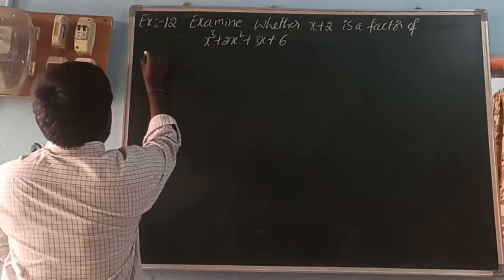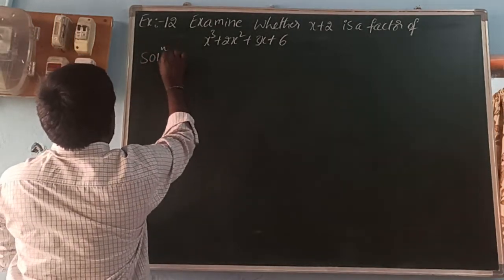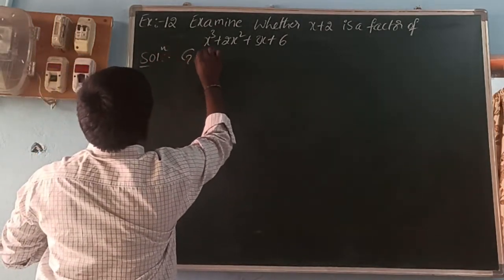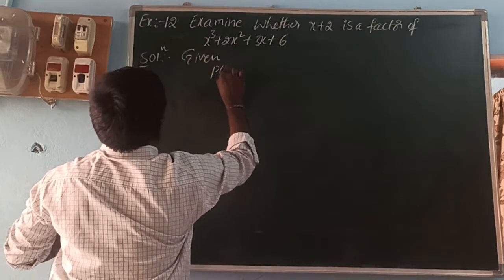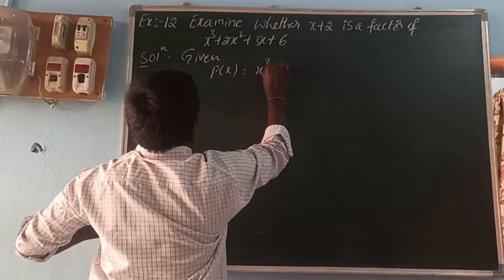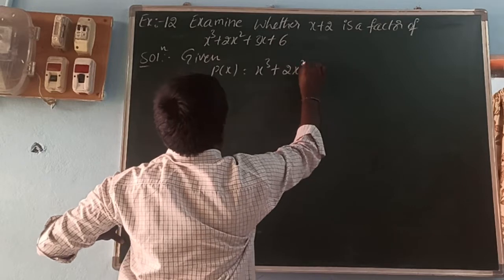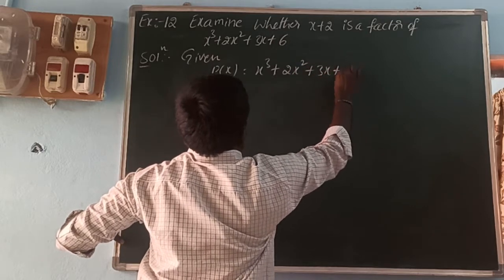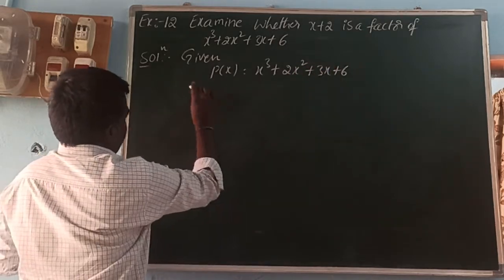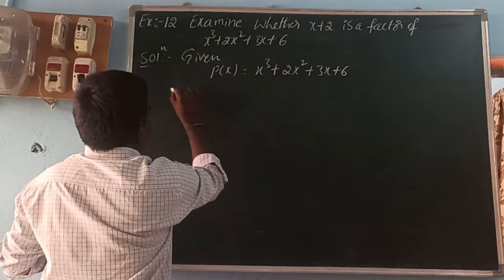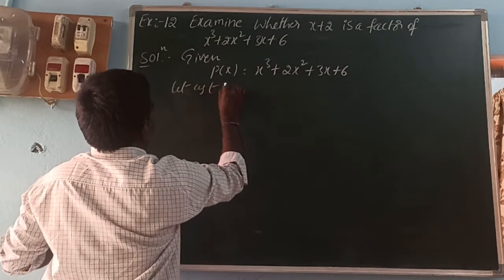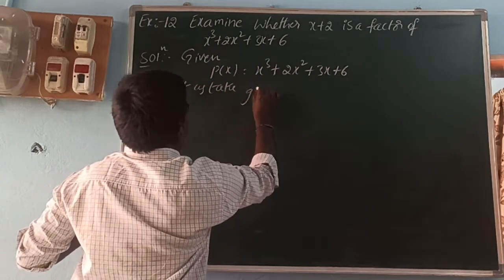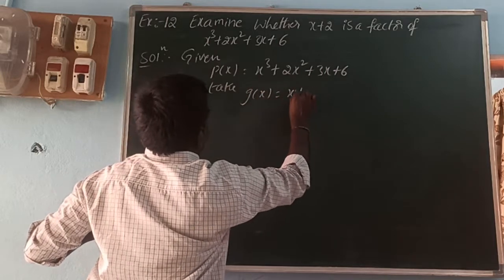Okay, so here given p of x is equal to x cubed plus 2x square plus 3x plus 6. Let us take g of x is equal to x plus 2.